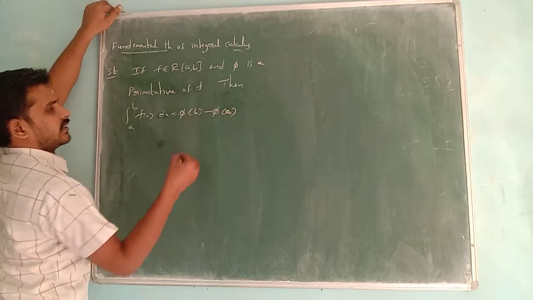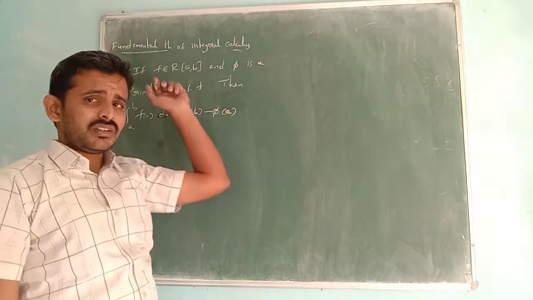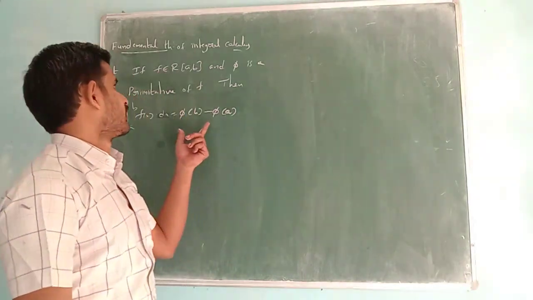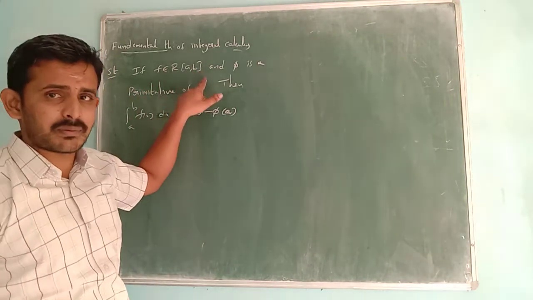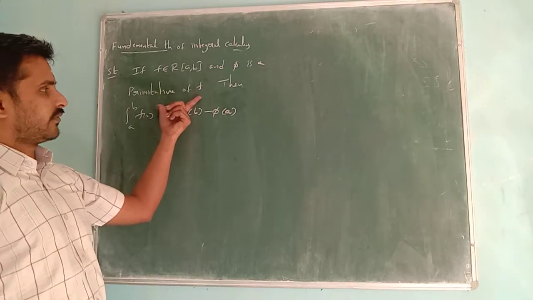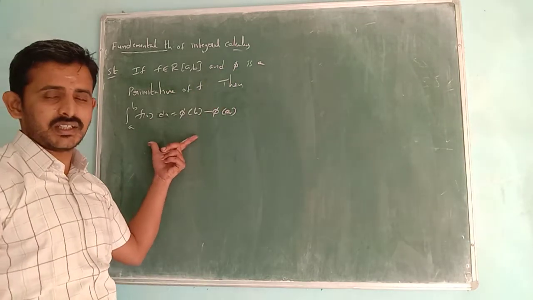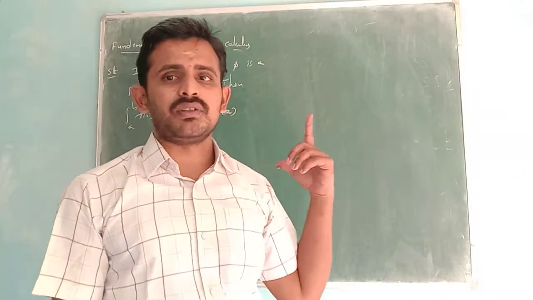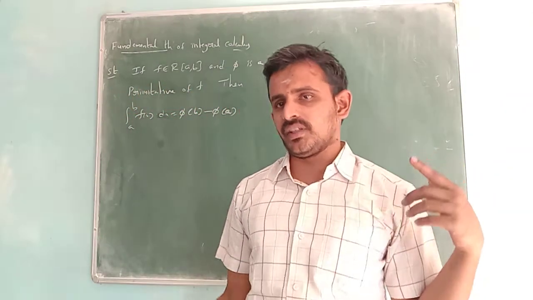This is the statement. So what it says is that if f is Riemann integrable on [a, b] and phi is a primitive of f, then we have to prove that the integral from a to b of f(x) dx equals phi(b) minus phi(a).